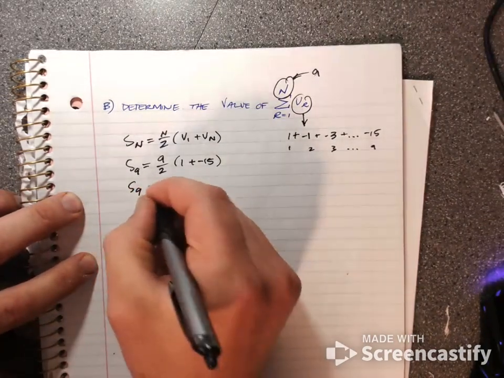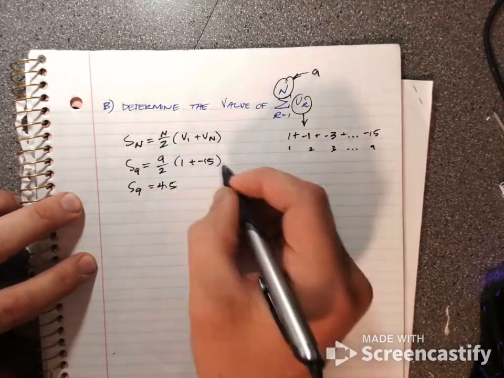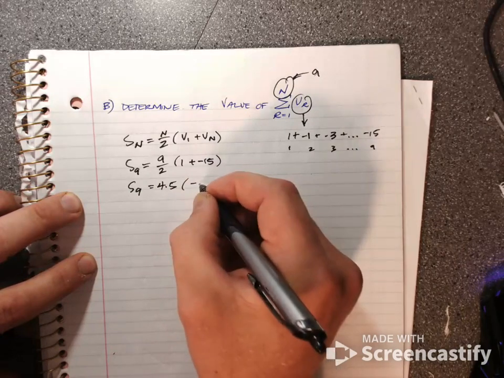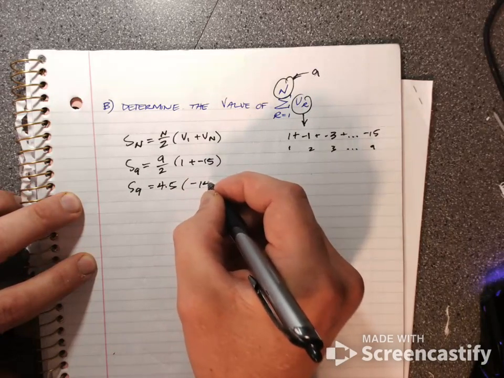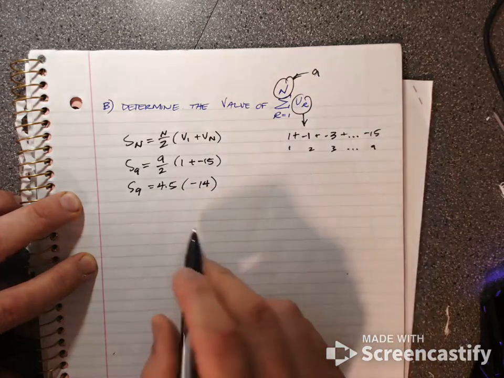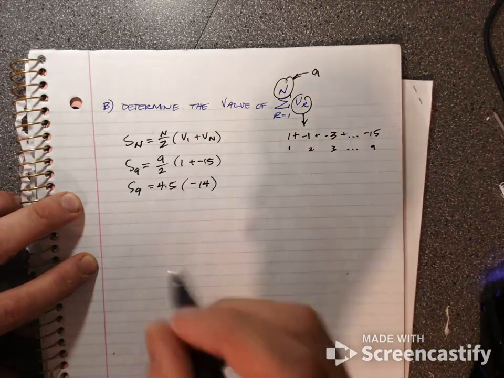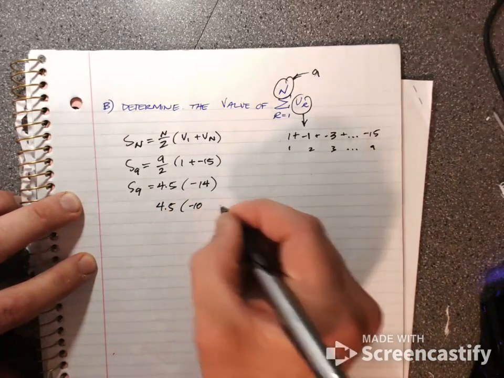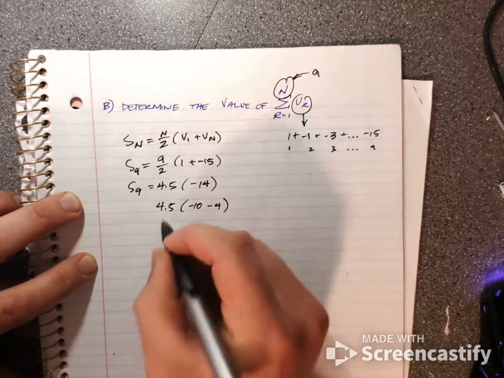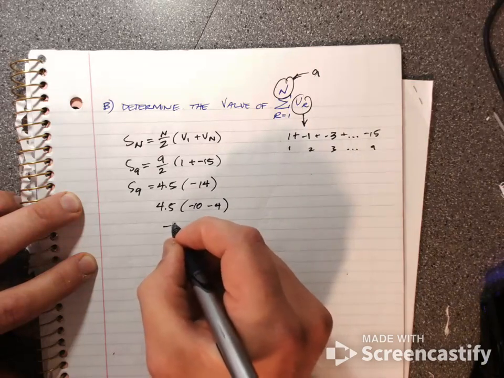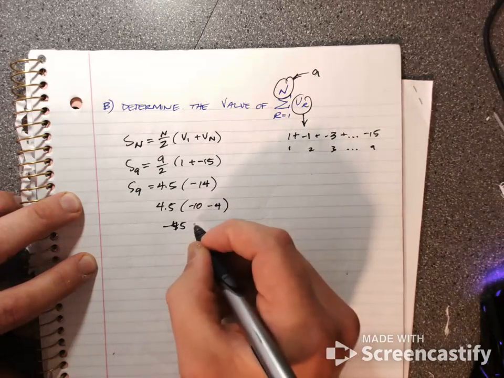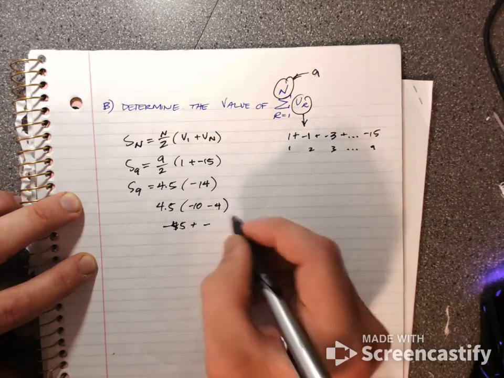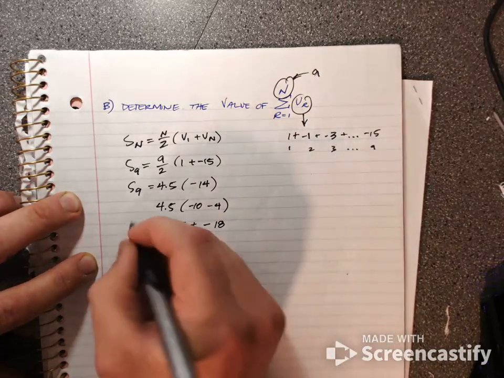So S9 is 4.5, -14. And let's do this non-calculator here. Do this -10 minus 4. That's going to be easier. So it's going to be -45 and a negative, let's see, 18.